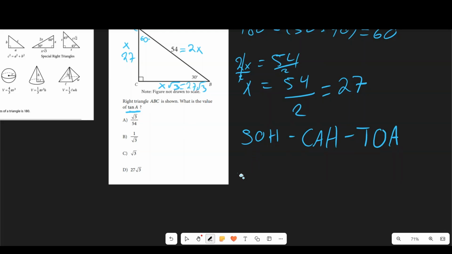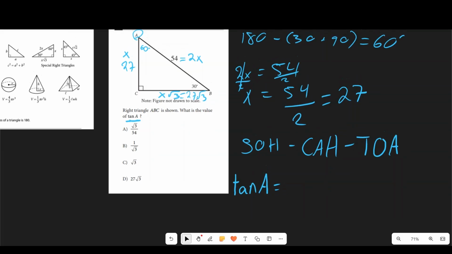To find tan A, we need to figure out which side is the opposite and which side is the adjacent, and then create the proportion. What side is opposite of A? That's going to be directly across, which would be this side right here, CB, which we know to be 27 root 3.